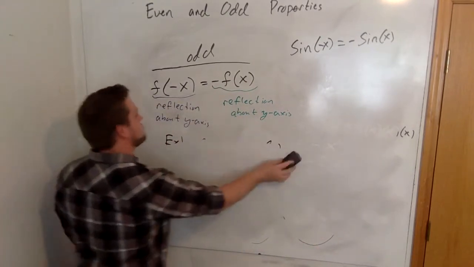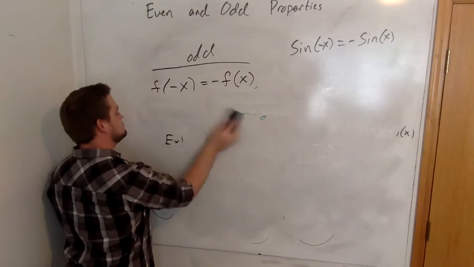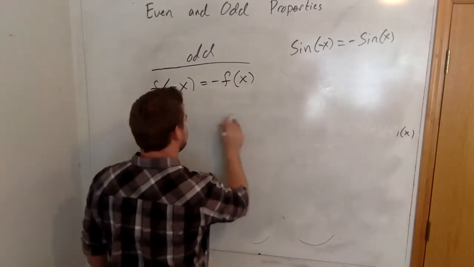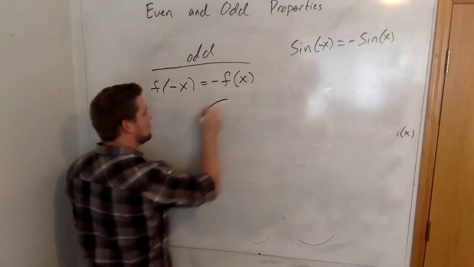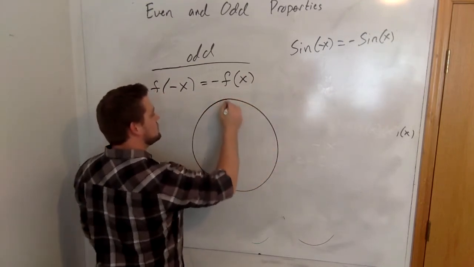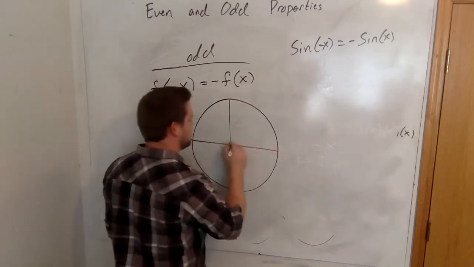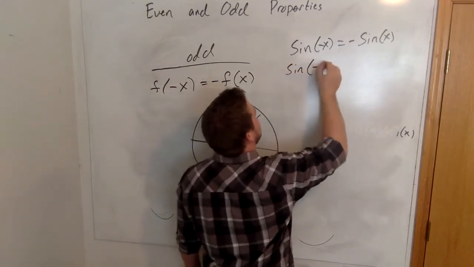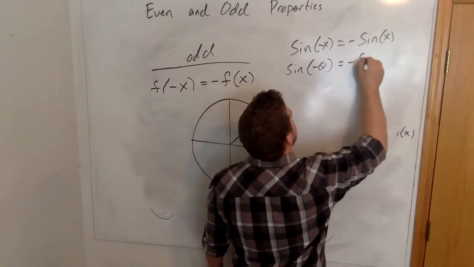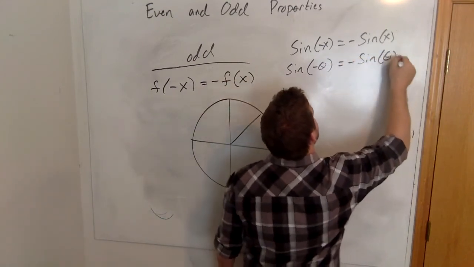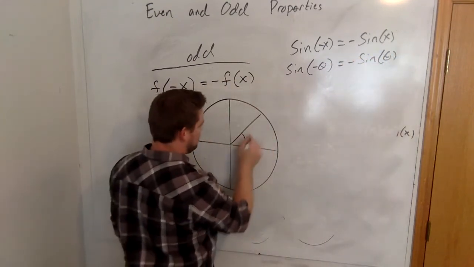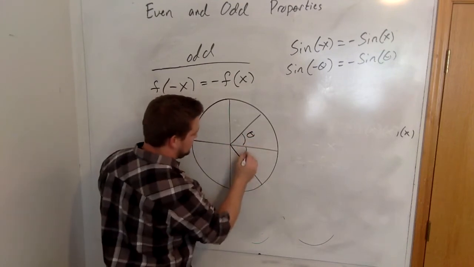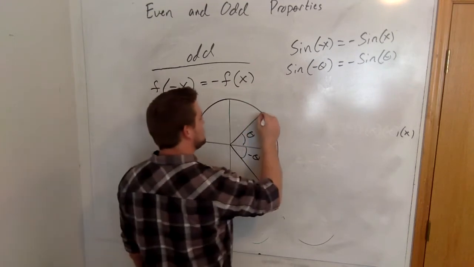Okay, let me give you the unit circle argument for it. I'll draw that same picture we had a moment ago. Here's our unit circle argument. Instead of x's, how about thetas? Just a variable change. So here is theta, and here is negative theta.